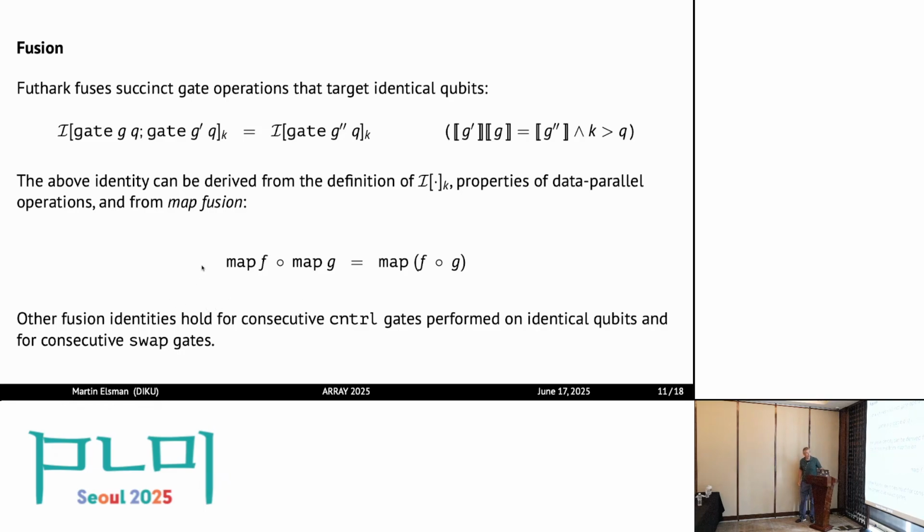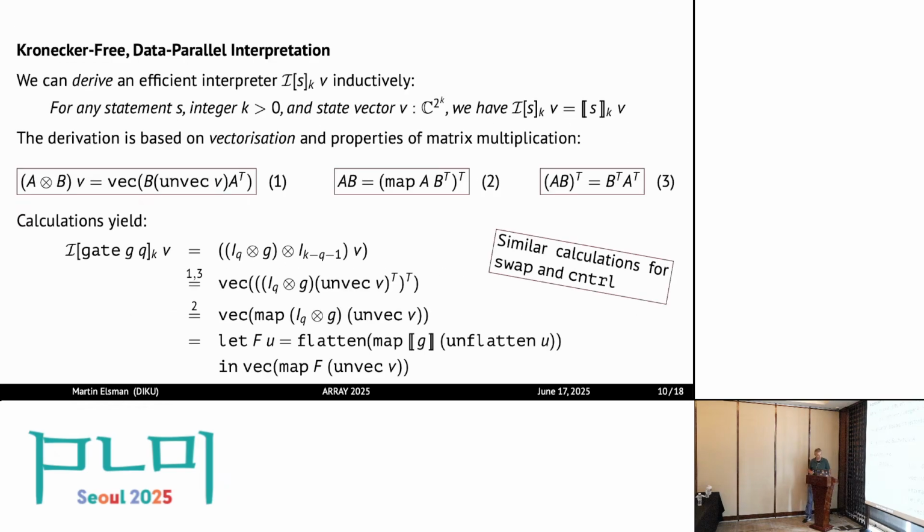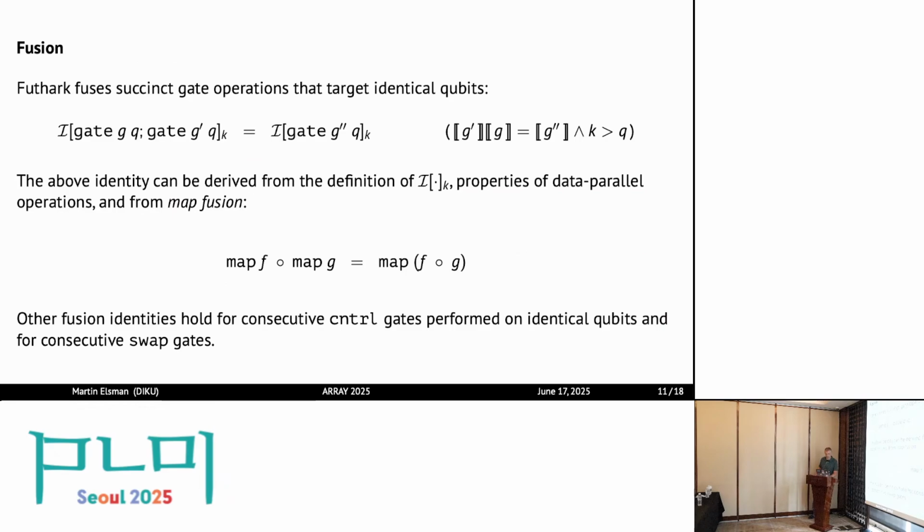So we can calculate this result, and there's more information in the paper about how to get from this thing to this thing using the notion of map fusion. You can see, of course, under the hood that you're really using the definitions down here, and you see two map operations in here, and using those you can get to the result that gate fusion is map fusion over index-transformed matrices.